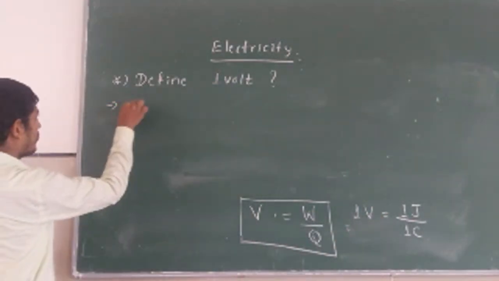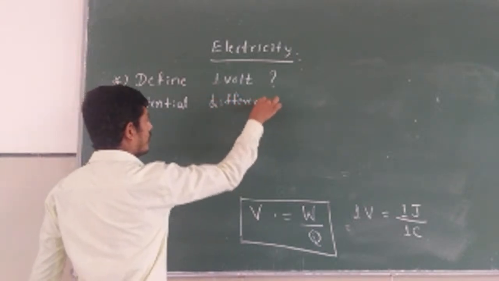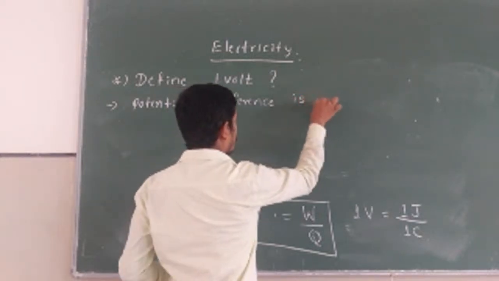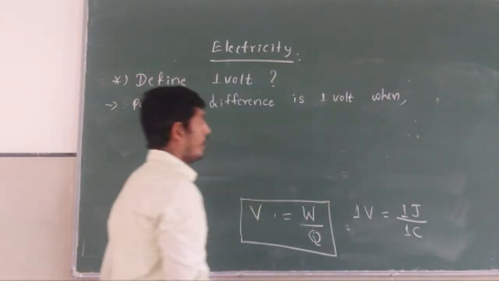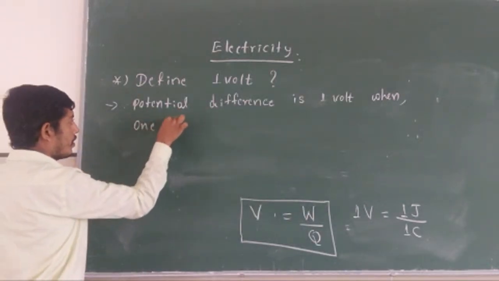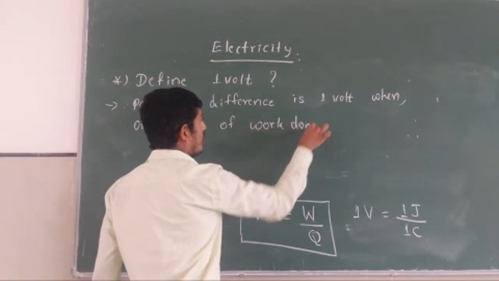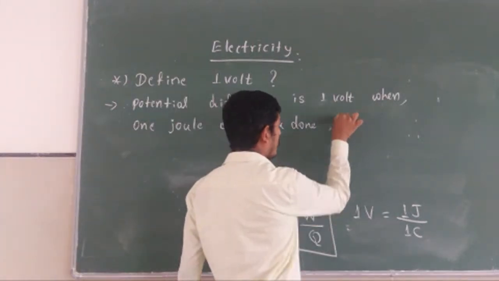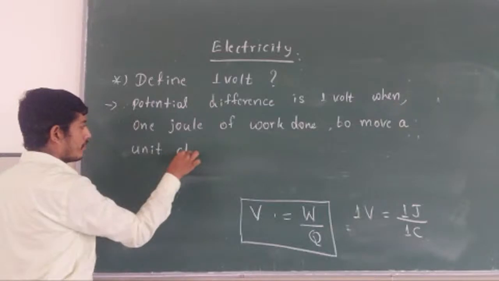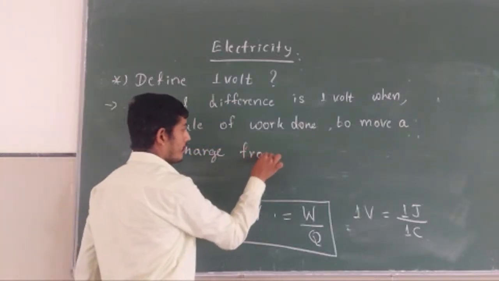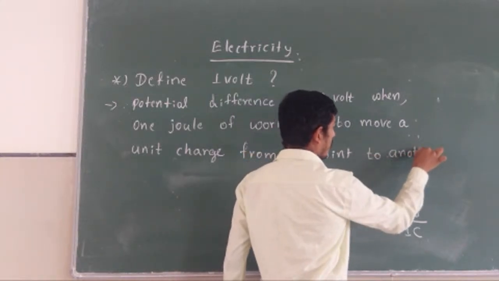So I will write the definition. Potential difference is 1 volt when 1 joule of work is done to move a unit charge from one point to another.